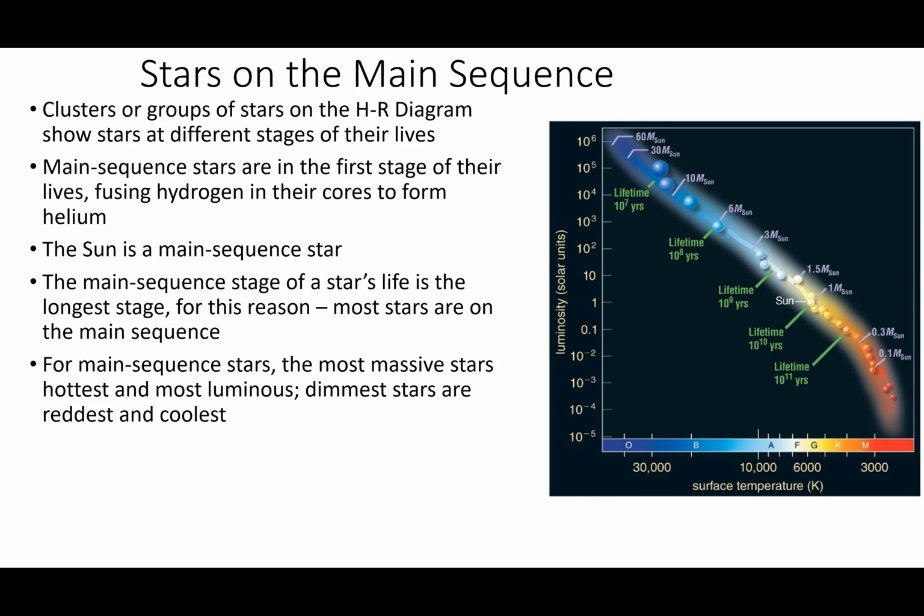Upper left, yes. So this is most massive. And you can see it on that diagram by the size of the orb up here. It says 60 times the mass of our sun, 30 times, 10. They're trying to show you the little circle getting smaller, so the stars getting smaller. Yep, most massive, least massive.